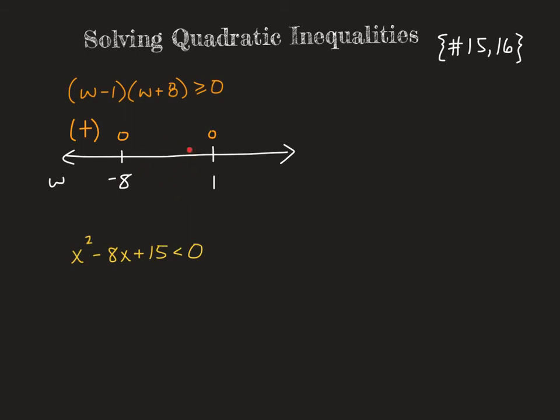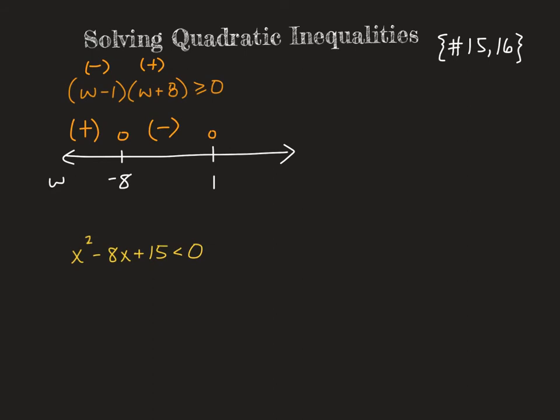What's a number that lies in there? Well, 0. If we plugged in 0 for w, we would get a negative here, because we'd get -1. And if we plugged in a 0 for w here, we'd get an 8, which is a positive number. And if you multiply a negative times a positive, it gives you a negative result.